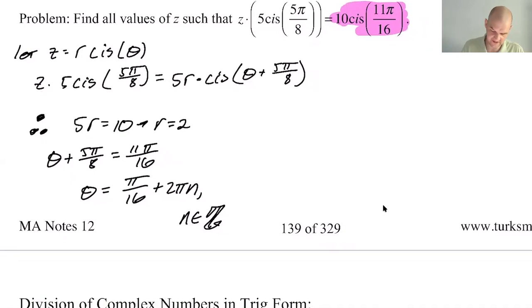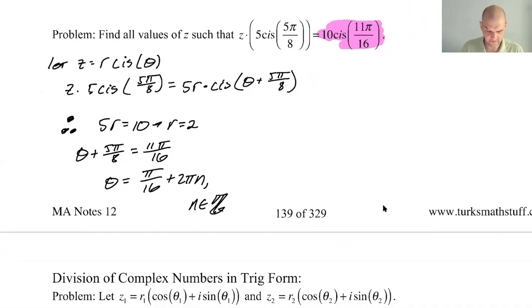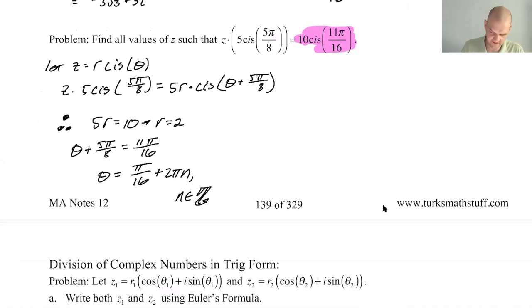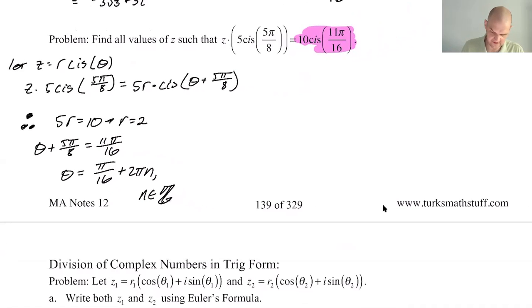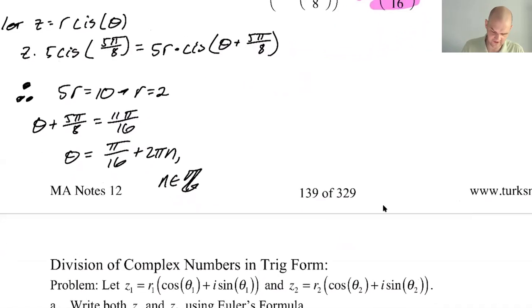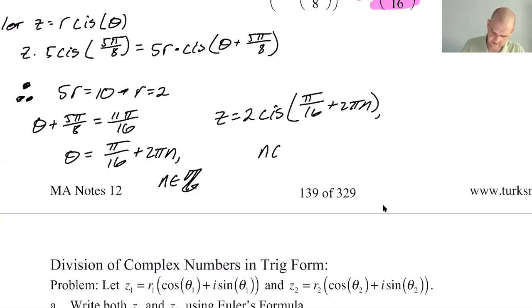My first answer, and there's going to be another one, which I'm going to copy and move over a little bit, is this. I think this is the obvious answer, and I think it definitely works. So z is going to be 2 cis of pi over 16 plus 2 pi n, where n is an element of the integers.